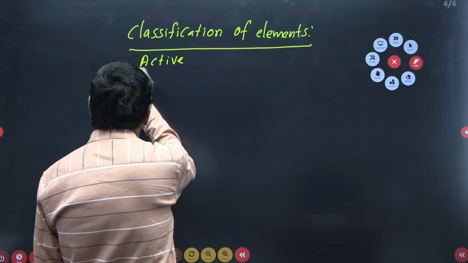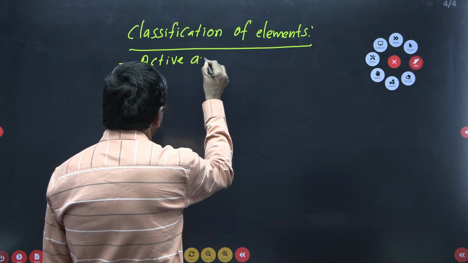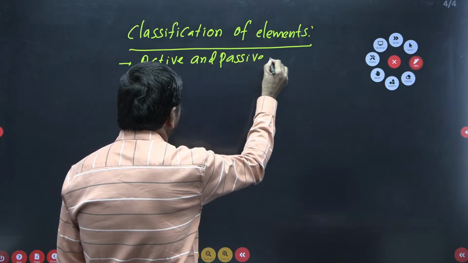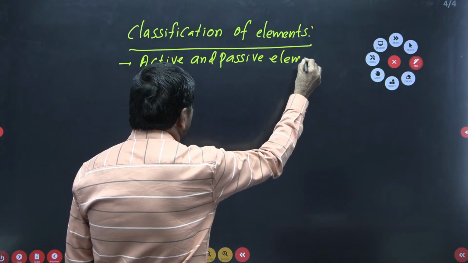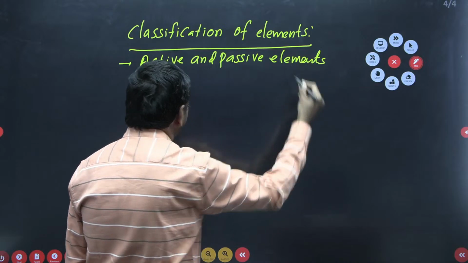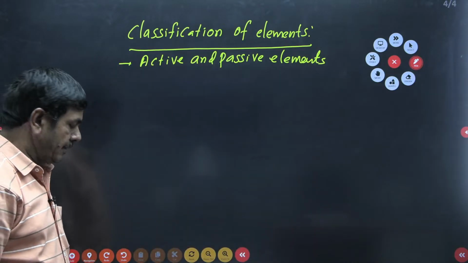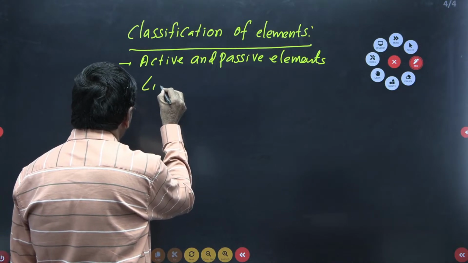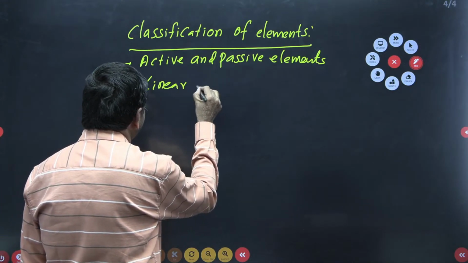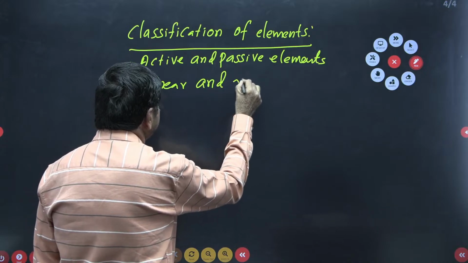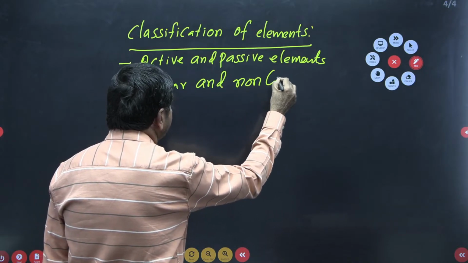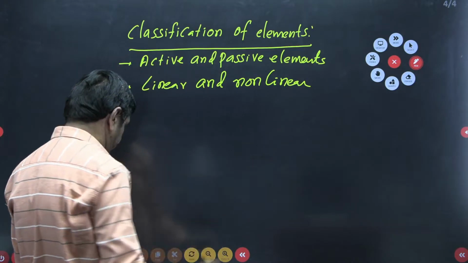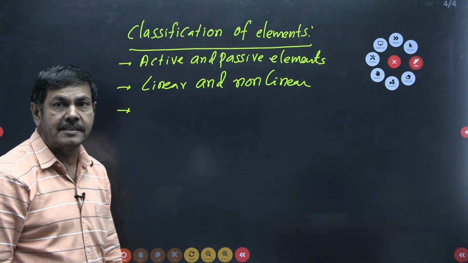The second one is said to be linear and nonlinear elements. The third one is said to be bilateral and unilateral elements.